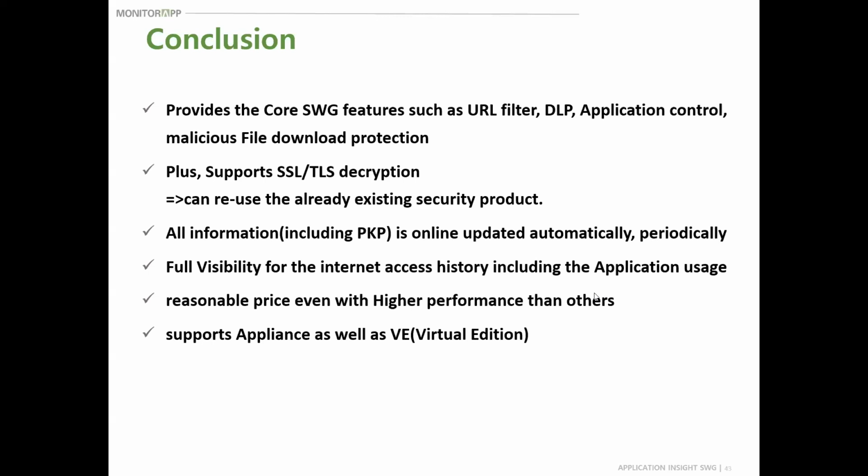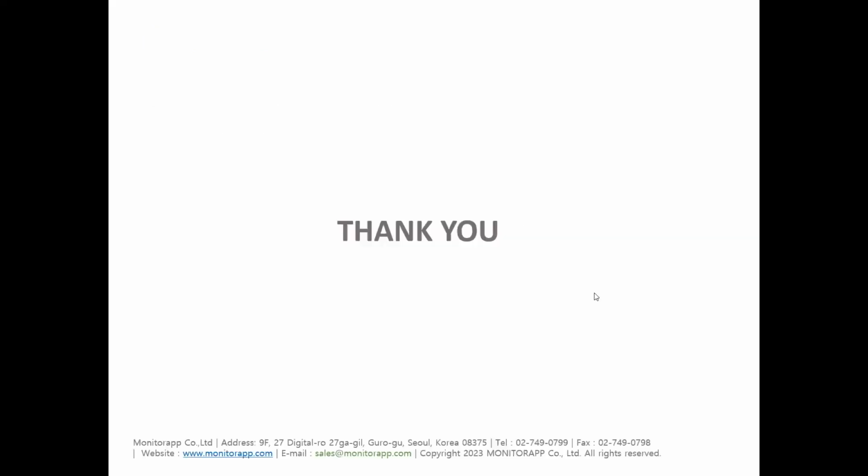And since all of the functions are connected with the threat intelligence system, all the signatures and database information are updated automatically and periodically without additional cost. Finally, compared with other vendors, our SWG provides a regional price, even with 2 times higher performance. So that's it from my side.